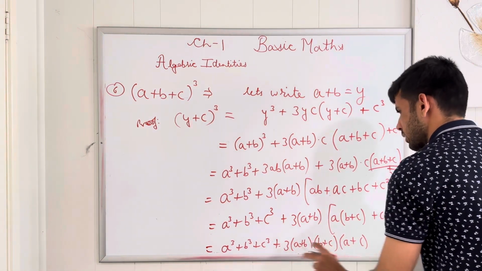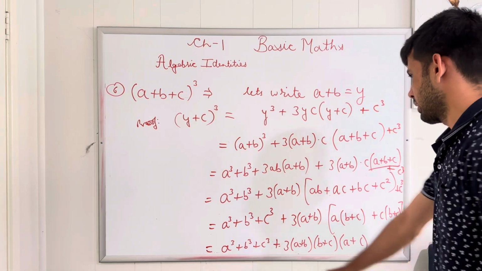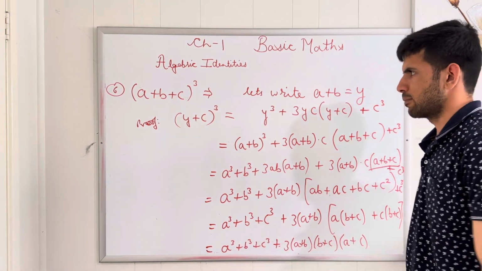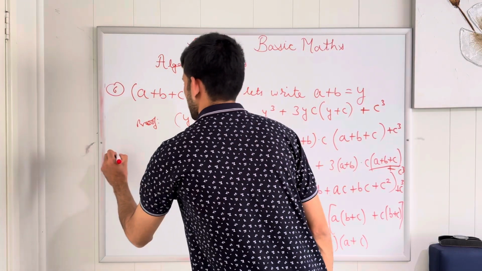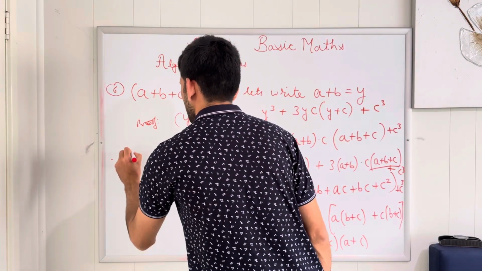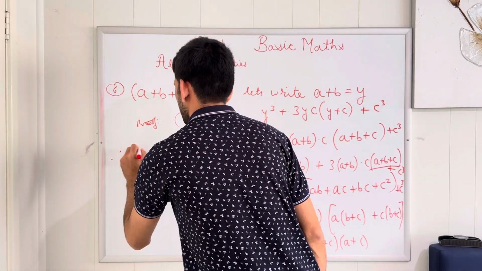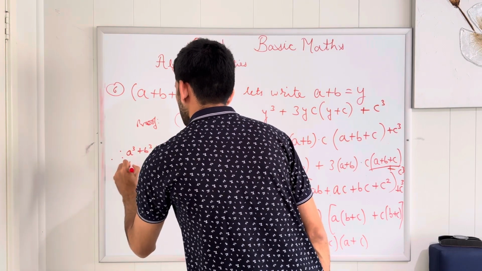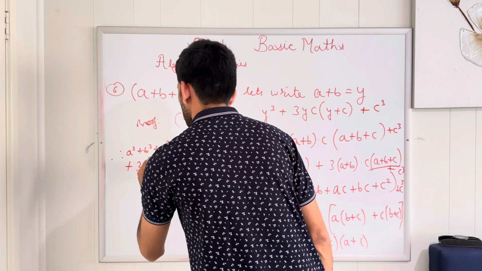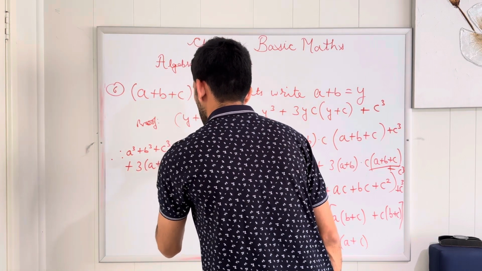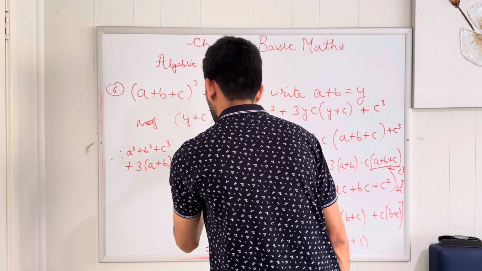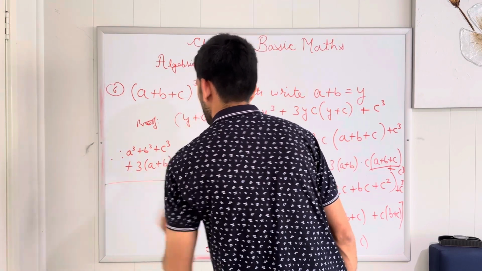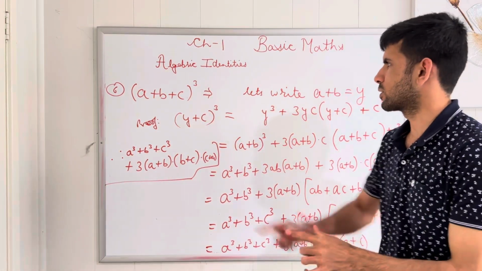So this is what we get: a cube plus b cube plus c cube plus 3 times (a + b)(b + c)(a + c). You can write it down as a cube plus b cube plus c cube plus 3 times (a + b)(b + c)(c + a), right? So this is the proof of this identity.